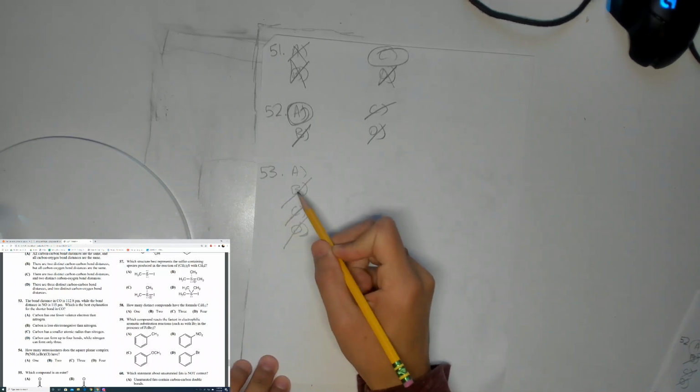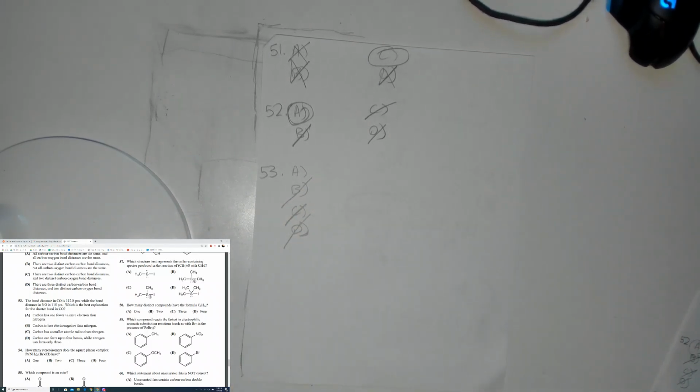So what this question is asking you is to interpret molecular orbital diagrams. I recommend you draw the molecular orbital diagrams of carbon monoxide and nitrogen monoxide and find out the bond order from there.